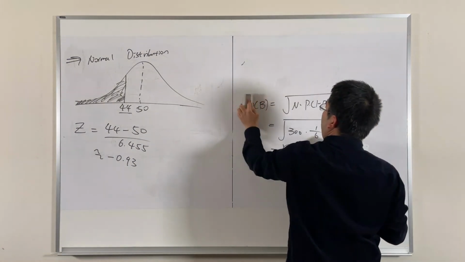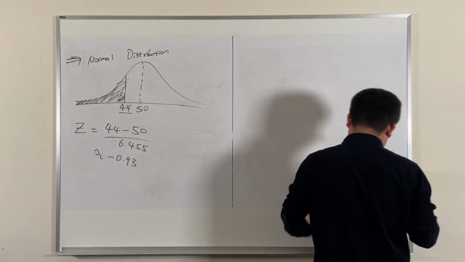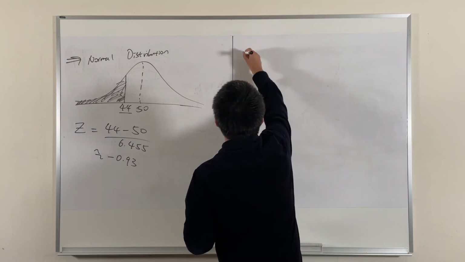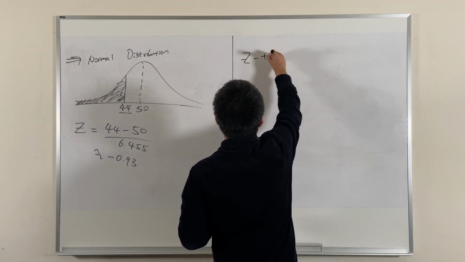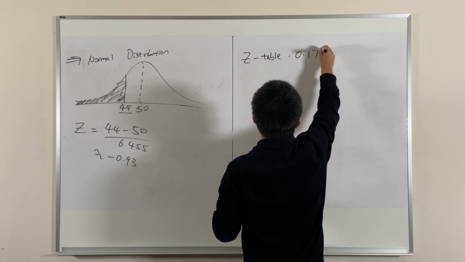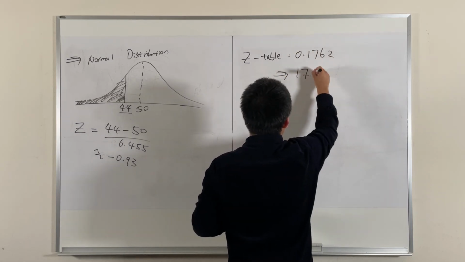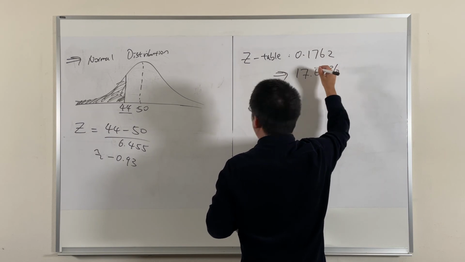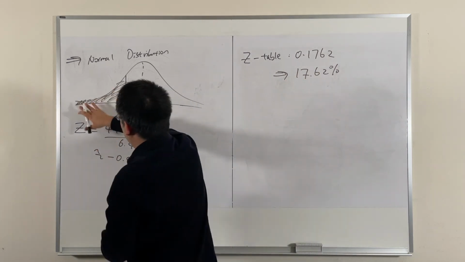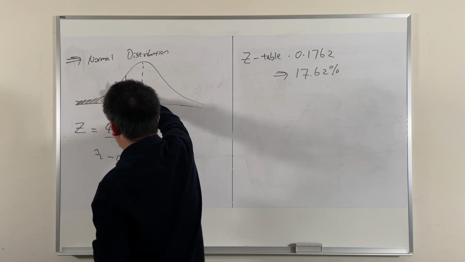From the z-table, we'll get the value of 0.1762, which equals 17.62%, which means the area here is 17.62%.